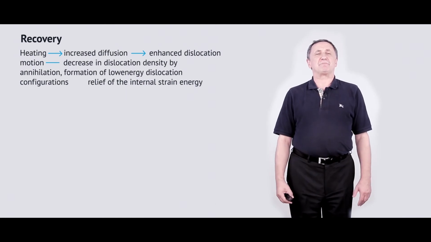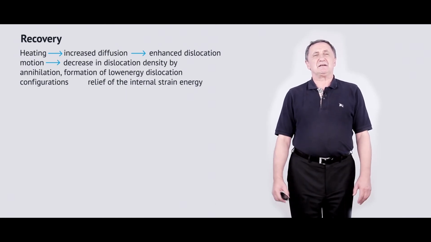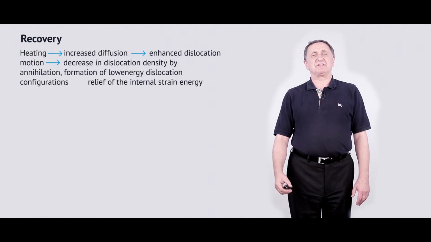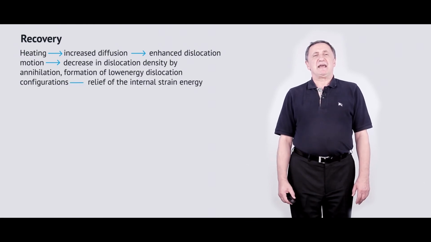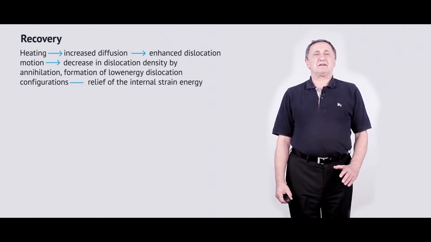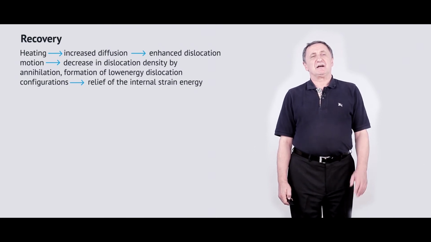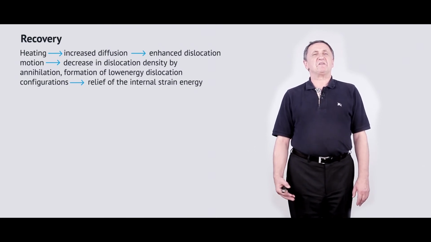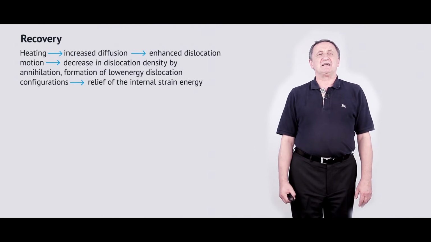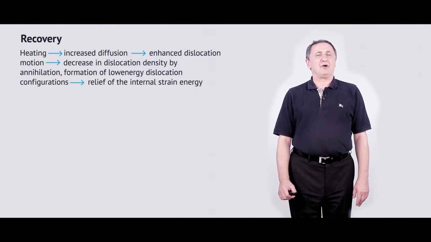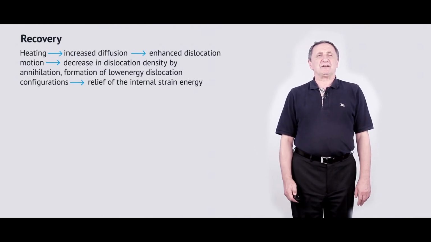This conclusion can be obtained by making X-ray diffraction analysis, and we will discuss it in the next lecture. During this first stage, the decrease of sigma yield or increase of ductility is relatively small. But this is an important stage.